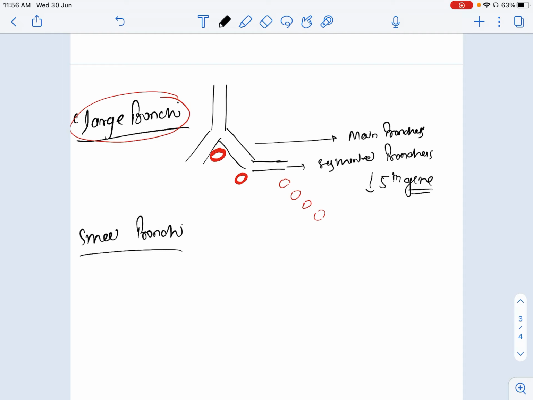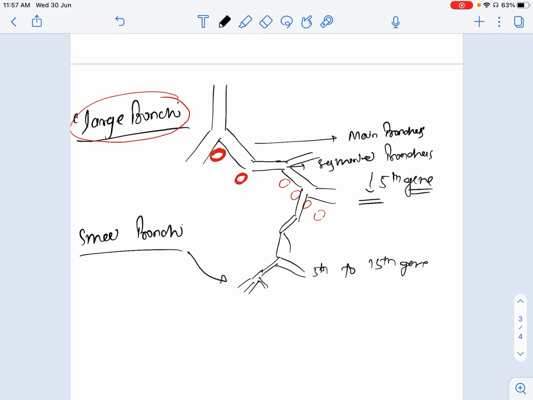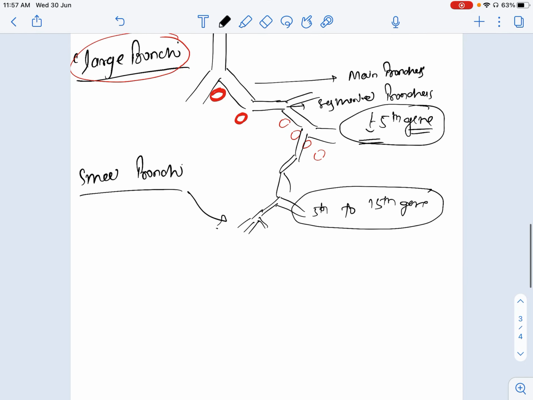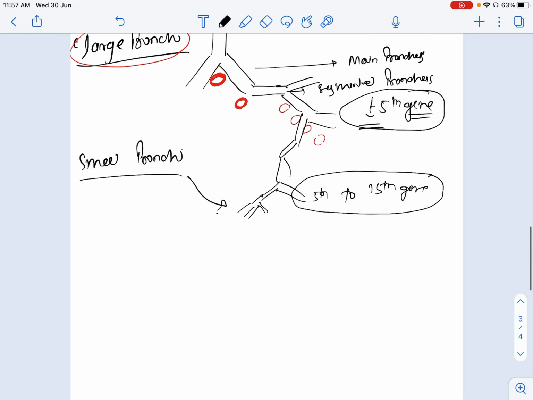From the fifth to approximately the 15th generation, the bronchi present we call small bronchi. So the large bronchi are the first five generations, and the small bronchi are the fifth to 15th generation, and they contain a very little amount of cartilage.